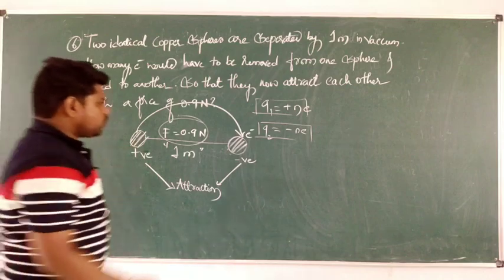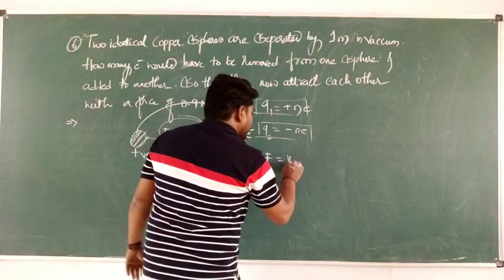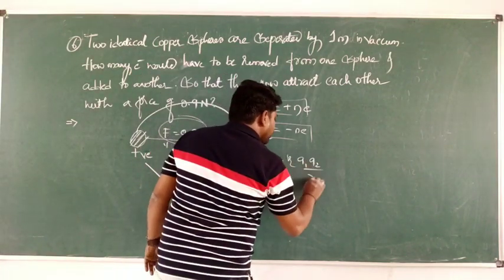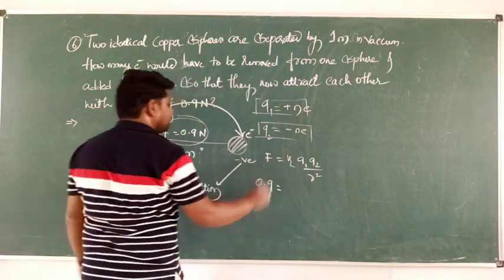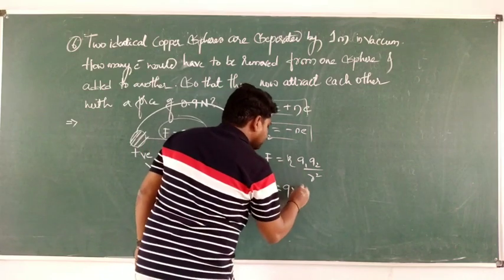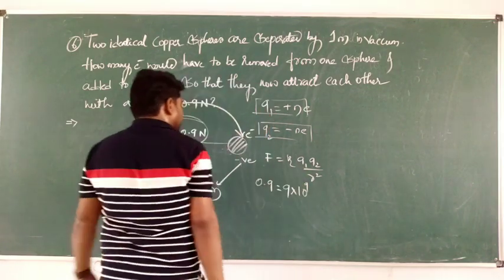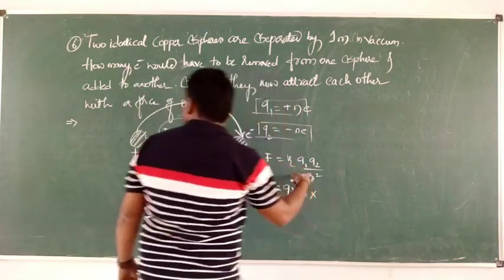Now again use Coulomb's law. F equals K Q1 Q2 divided by R square. What is the value of F? F is 0.9. Substitute the values. K is 9 into 10 to the power of 9.